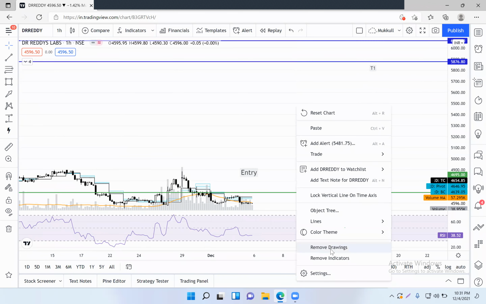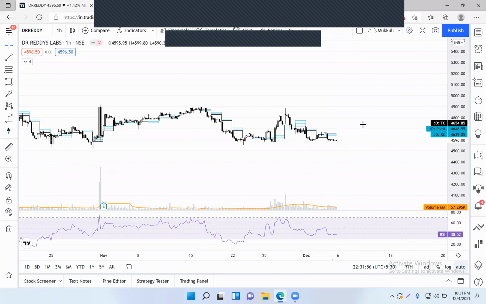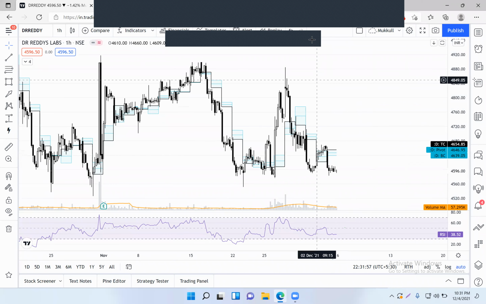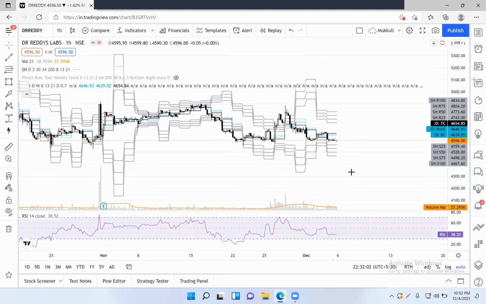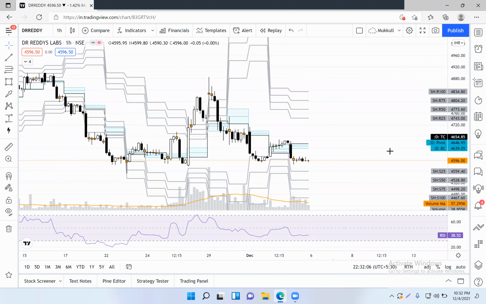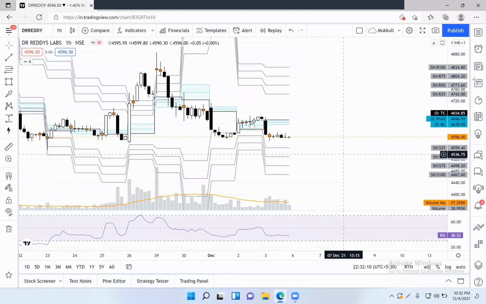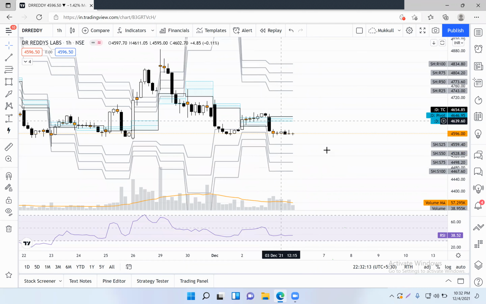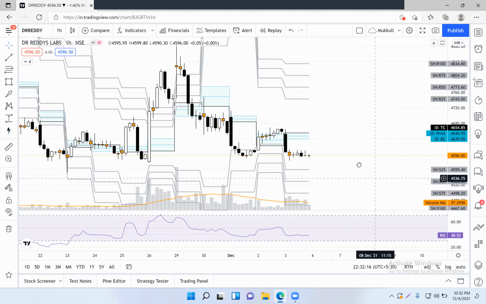I will remove this. Dr. Reddy. Let us see the stock. Okay, so this is also in our buying range now. Multiple dojis. Okay, 1, 2, 3, perfect resistance higher. So we will wait for any reactions from it.